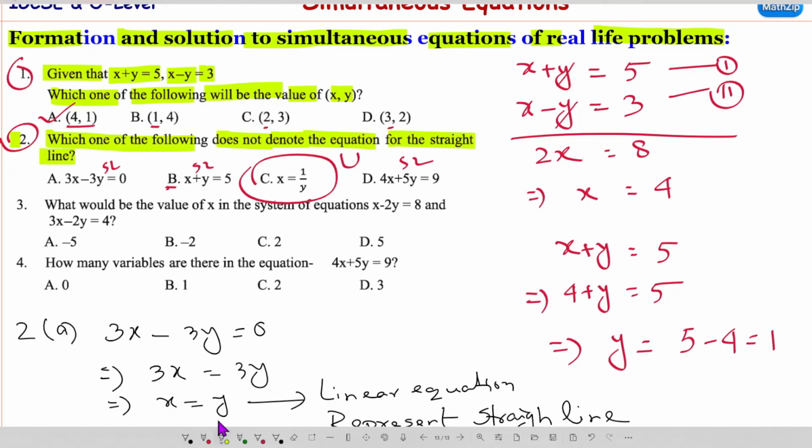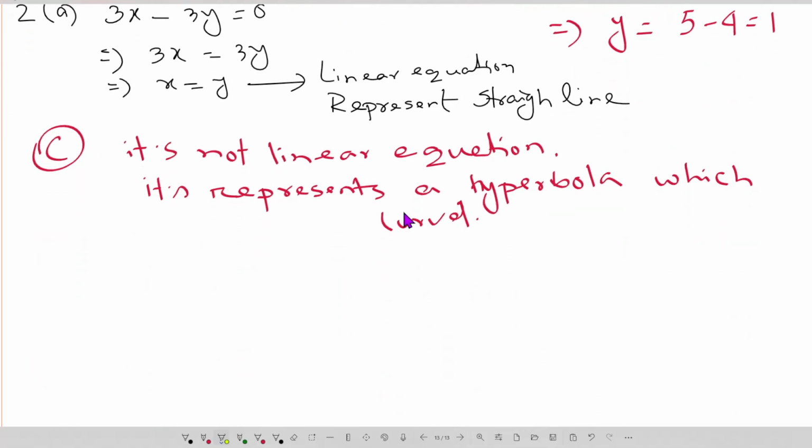Number 3. What would be the value of x in the system of equations x minus 2y equals 8 and 3x minus 2y equals 4? So let's try this one.